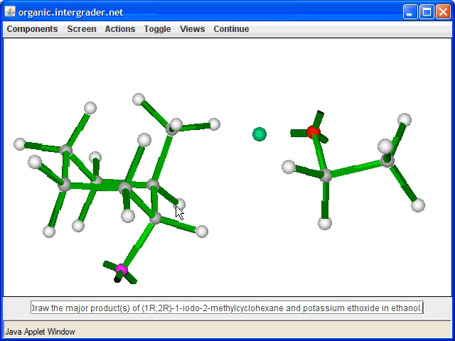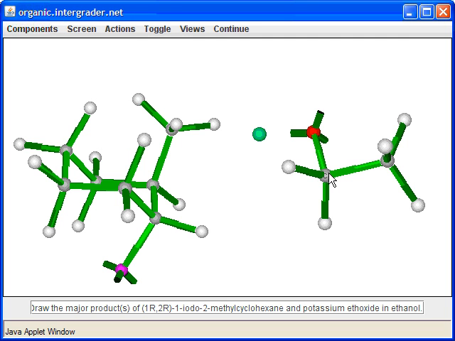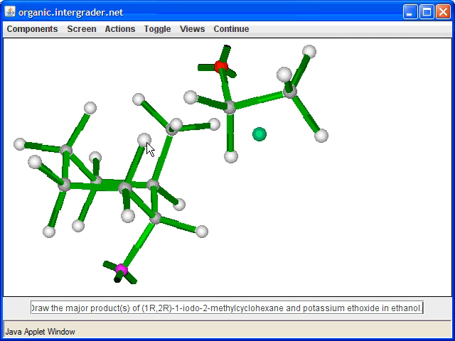You can't use this hydrogen and you can't use this hydrogen because they are not anti to the iodine. And even if you were to swing this iodine into the equatorial position right here, that would not solve your problems. So what we're going to do is use this base to pick up this axial hydrogen right here.